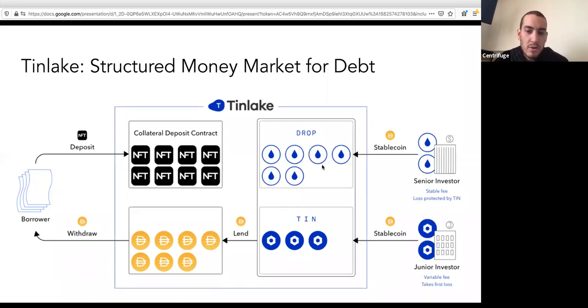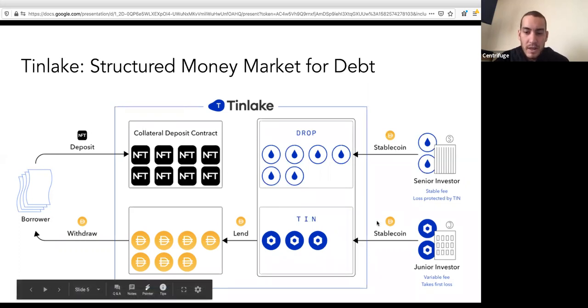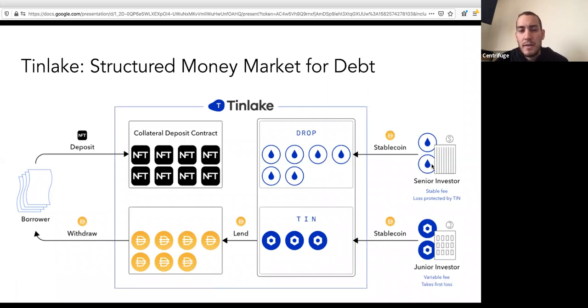We mint these tokens and give them to the investor, and that now represents their share of this portfolio of assets. The stablecoin that they invest is then made available to the borrowers, and as borrowers pay back their loans and get their NFTs back, the DAI that they return gets paid back to the investors according to the shares that they own in this portfolio.